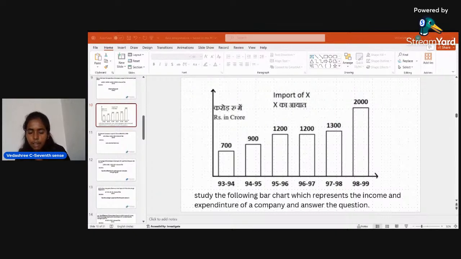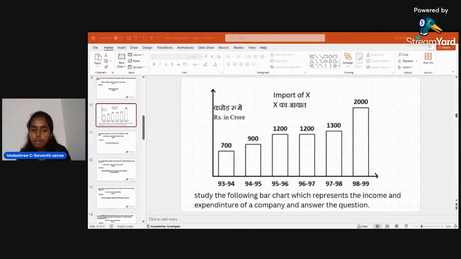Sum all these values divided by 6, we will get 1261 something.